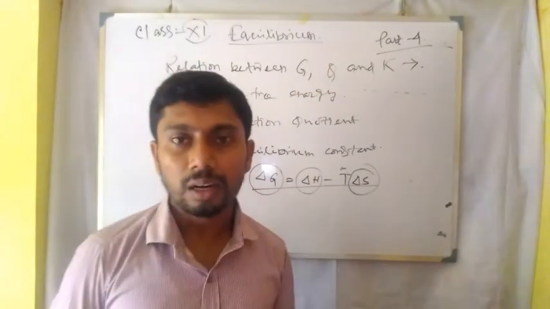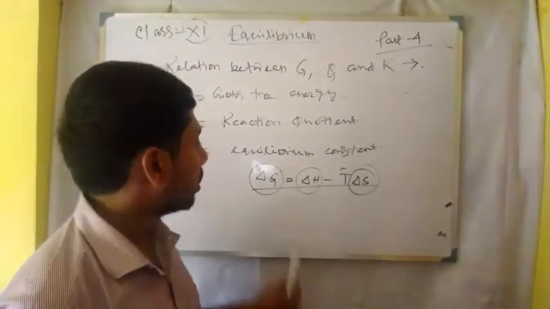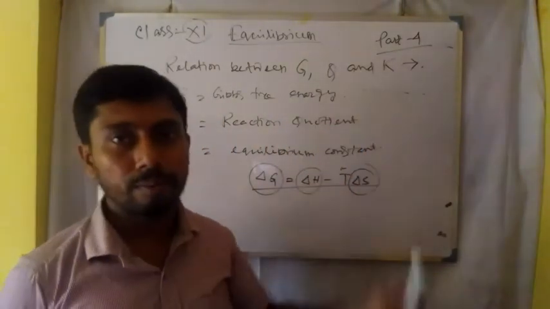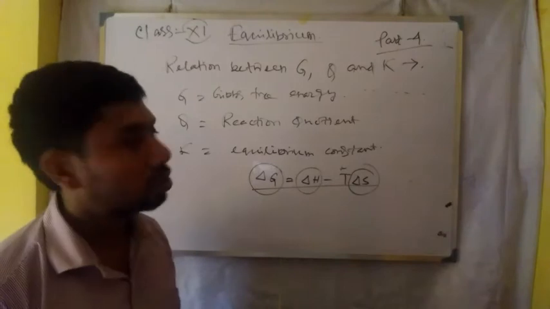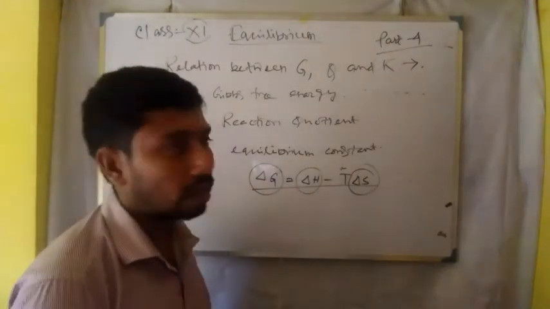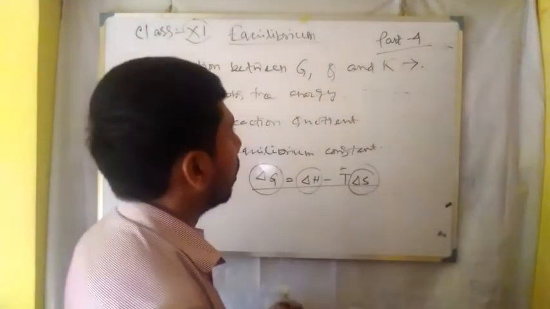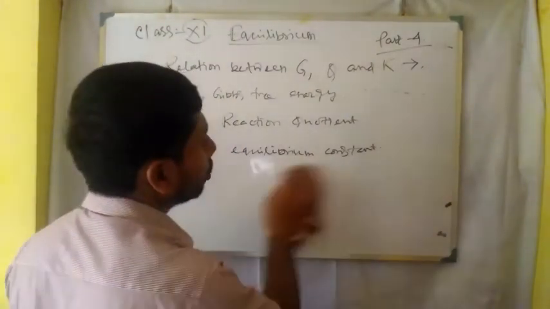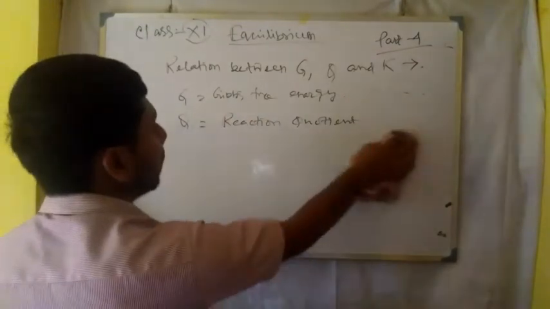Entropy is the chaos of the system. Now here we will make an equation to relate G and Q, and later on it will be converted to relate with K.